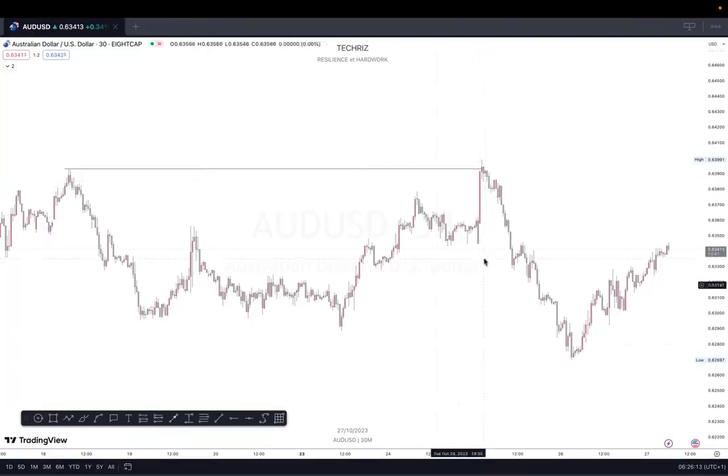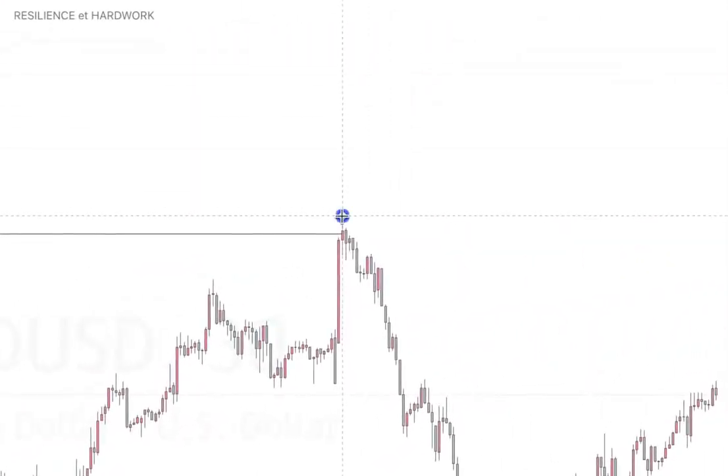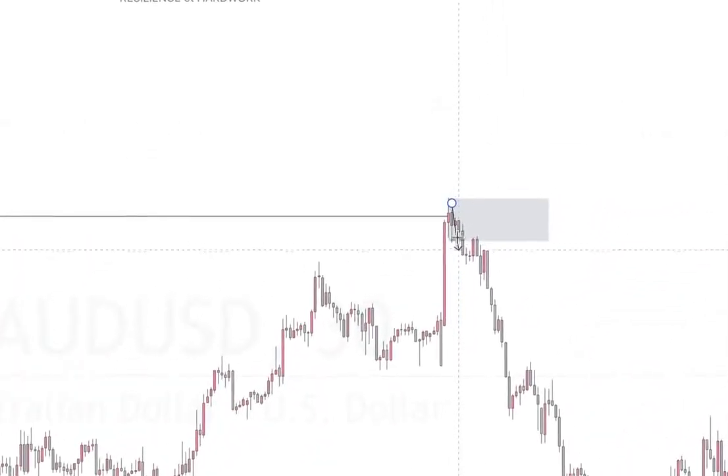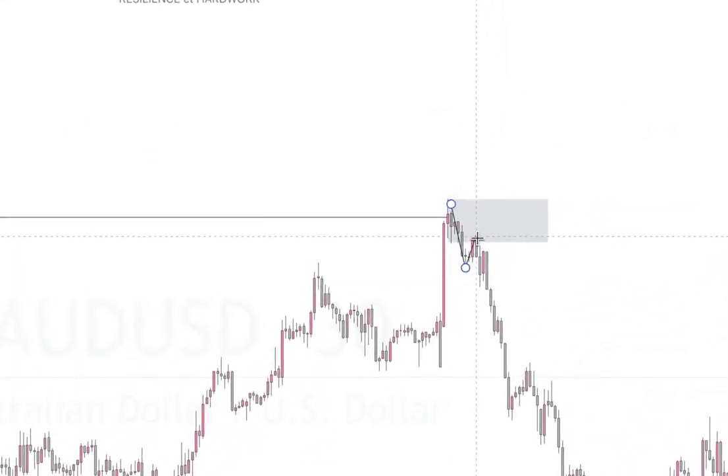Price left us another block. And we can actually mark out this other block from here, from top to bottom. And you can see what happened when price closed below. When price closed below, price came back up to fill the other block, and then boom, right?